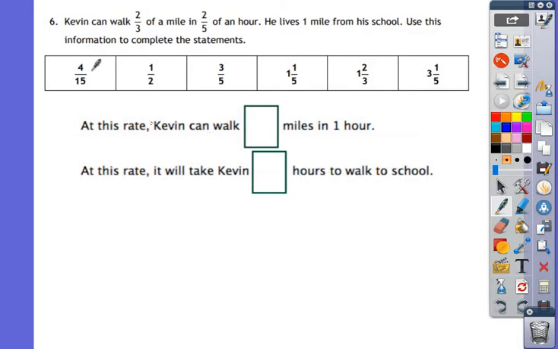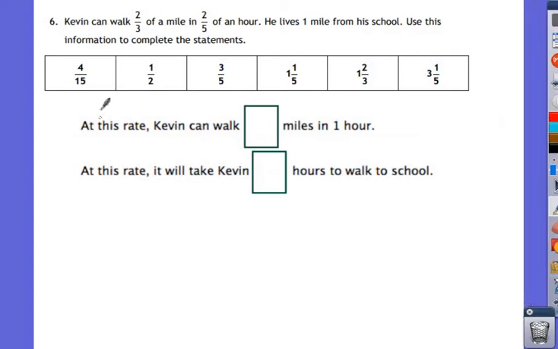So it looks like we have some boxes of answers we can choose from. At this rate, Kevin can walk blank miles per 1 hour. So, last notes we worked with miles per hour and we wrote them as fractions. So miles, the division bar stands for per hour.